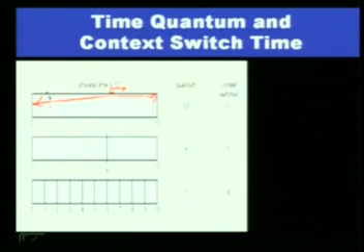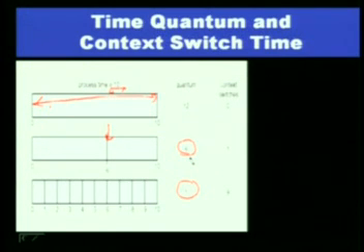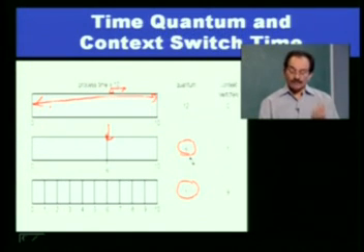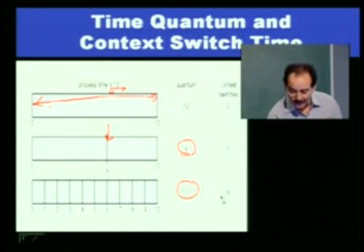Now, in case I have 6 as the quantum, then maybe I will have only one context switch, because after 6 units of time I will have to shift to the other job. And if I reduce it further, let us say to 1 unit of time, then maybe I will require 9 context switches.